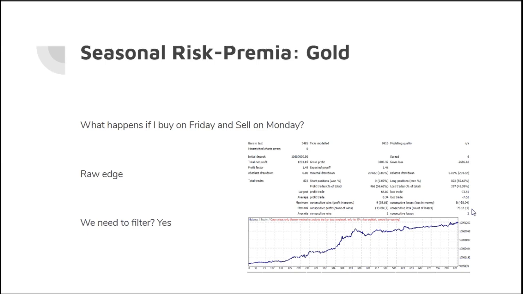I have the time that I want to buy, but I don't have a filter based on the trend. Maybe this works better on an uptrend or maybe during a sell-off. That means, yesterday gold prices dropped another 3%.